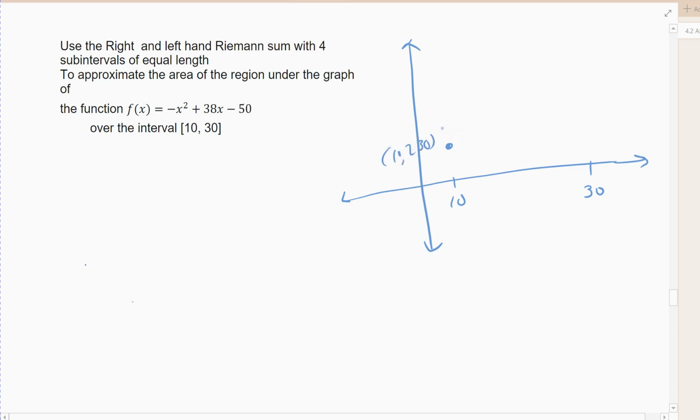And when I type 30 in, it comes out 190. Oh, I should make 10 go a little higher. So at 30, it's at 190. And it is a parabola, so it's going up and coming down between those 2 points.